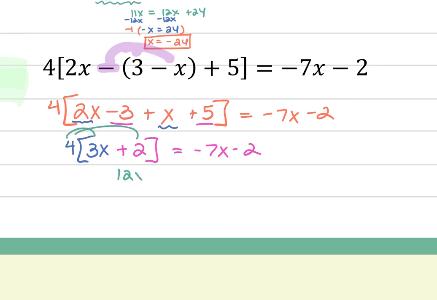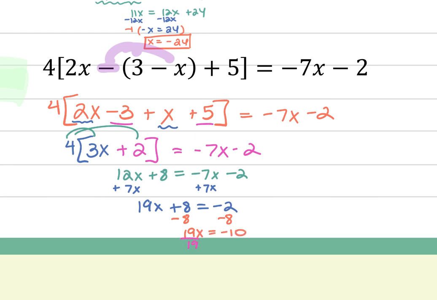And I get 12x plus 8 equals negative 7x minus 2. I would add the 7x. 19x plus 8 equals negative 2. Subtract the 8. 19x equals negative 10. Divide by 19. And x equals negative 10 over 19.